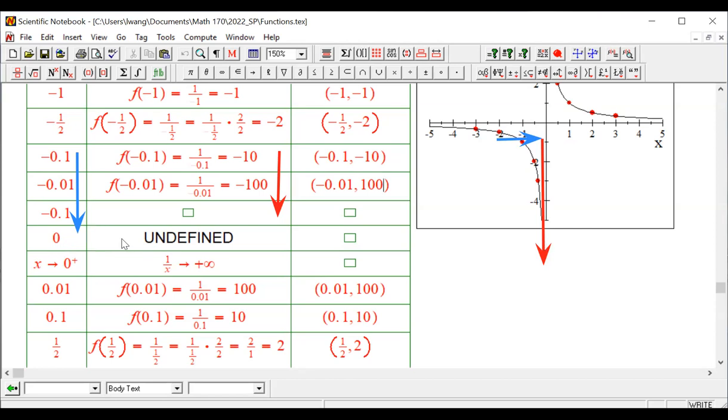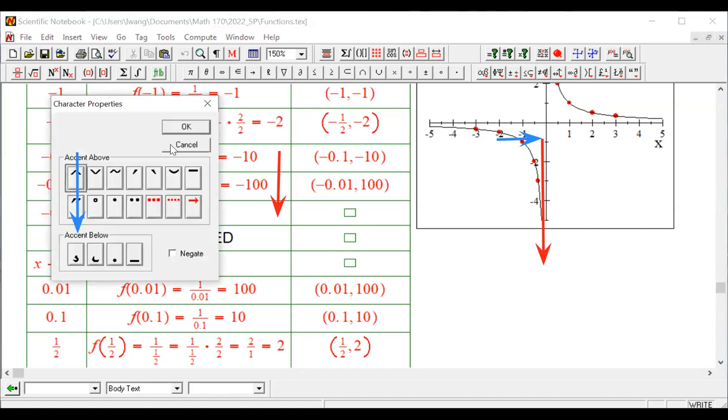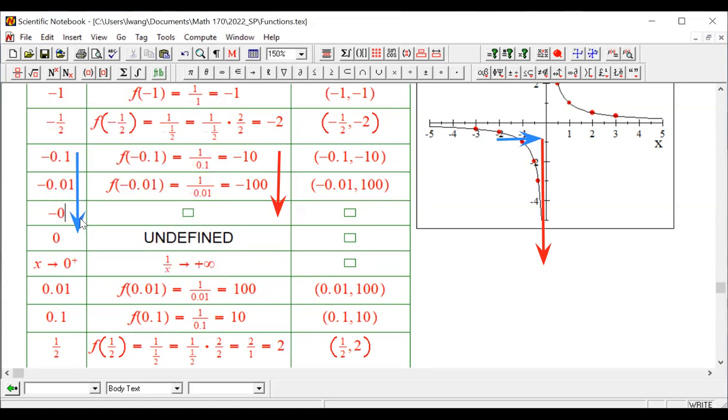And how do we express it mathematically? When the input is approaching 0 from smaller than 0, we put a little negative sign on the shoulder.